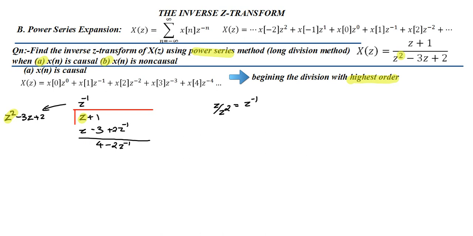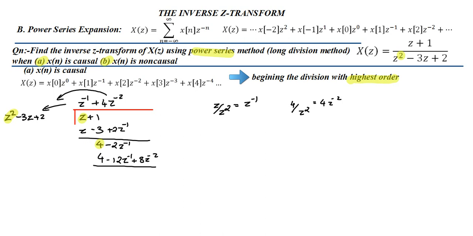Now I divide the first term, 4 divided by z square, so it becomes 4 z raised to minus 2. Now I multiply with 4 z raised to minus 2, so the equation becomes 4 minus 12 z raised to minus 1 plus 8 z raised to minus 2. Now we need to subtract these two.